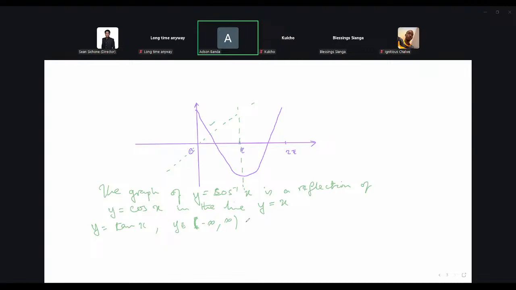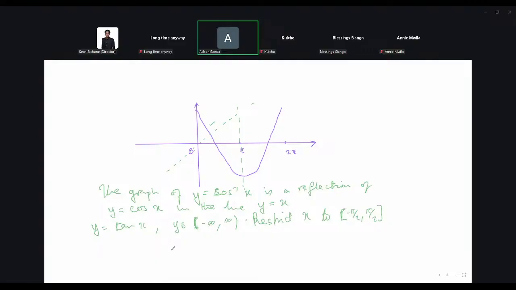So in this case, let's restrict x to the interval from minus pi by 2 to pi by 2. So the restriction, of course, is similar to that of the sine graph.